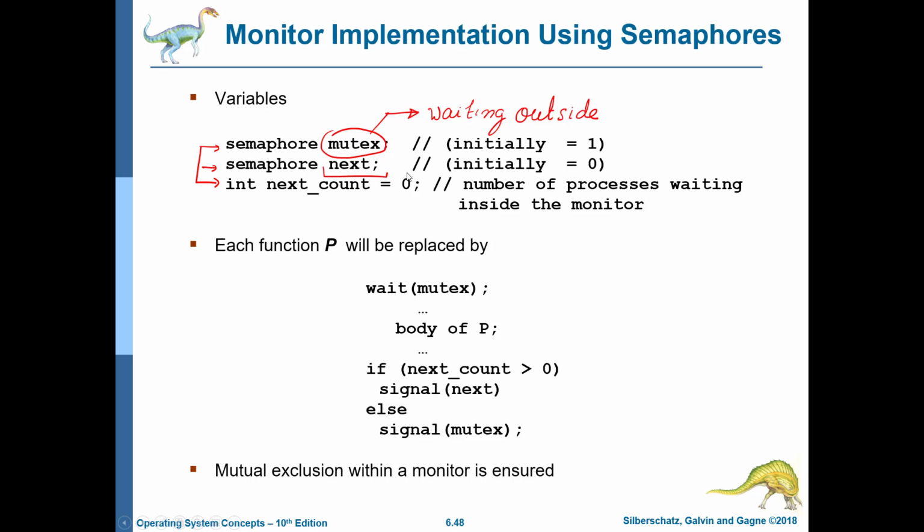Whereas the semaphore next is for processes that are waiting inside. This basically means that let's say you are within a monitor, but then you are waiting for a conditional variable. Then technically speaking, you are within the monitor, so you don't need to grab mutex once again, but you are just waiting inside. Something similar to what we showed in the last slide, if you would recall.